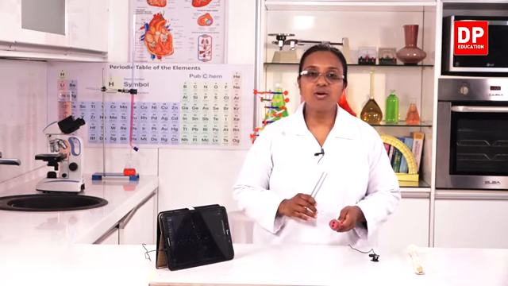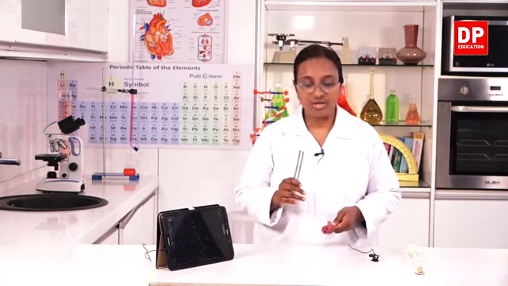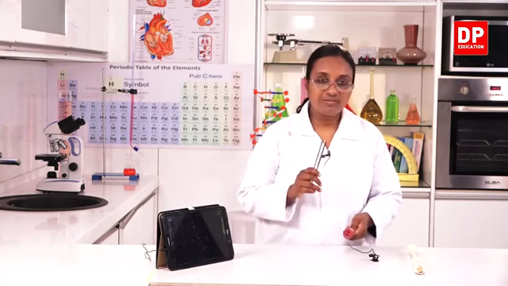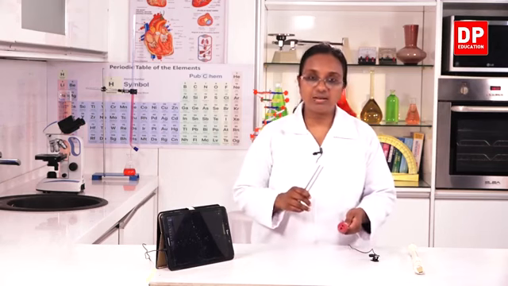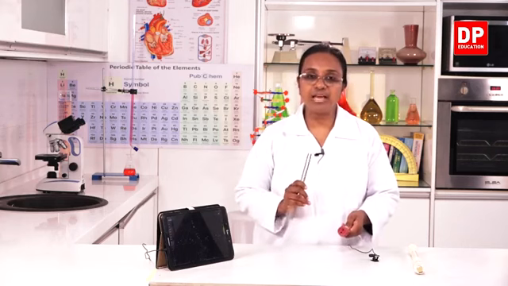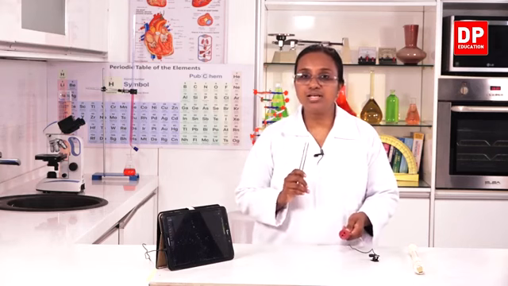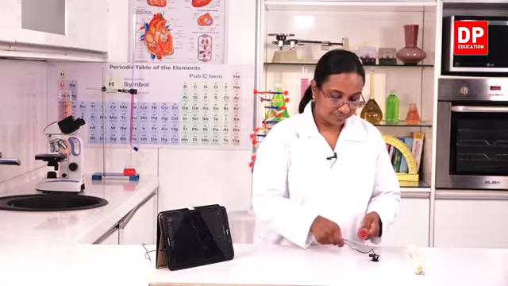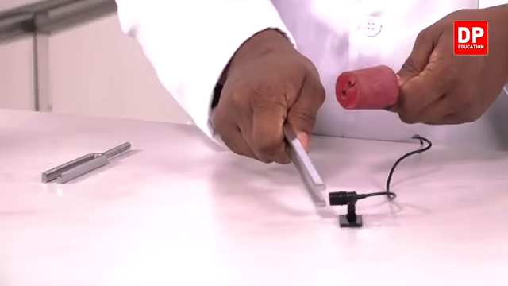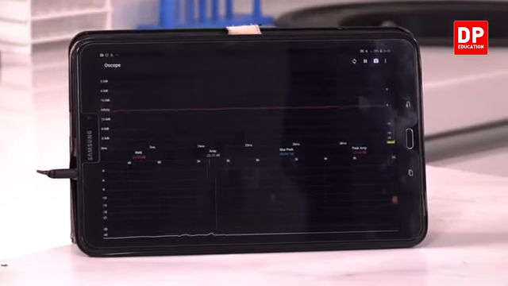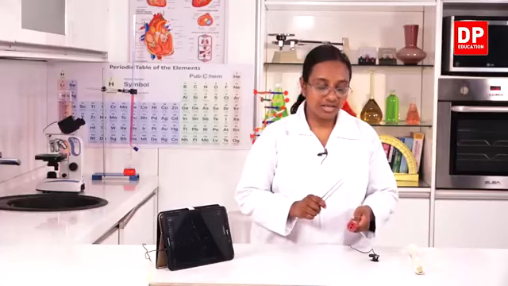So I'll start off the activity with the tuning fork. I will strike it and hold it near the microphone. Observe the waveform. That is the quality of sound. I will strike it again.